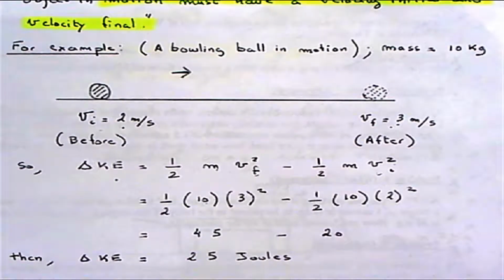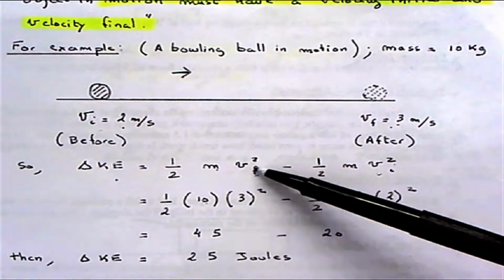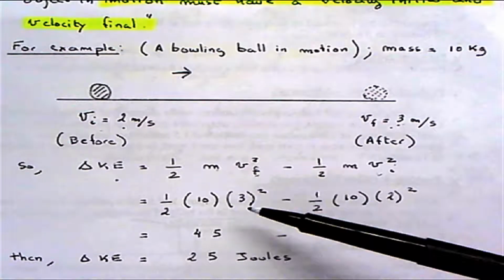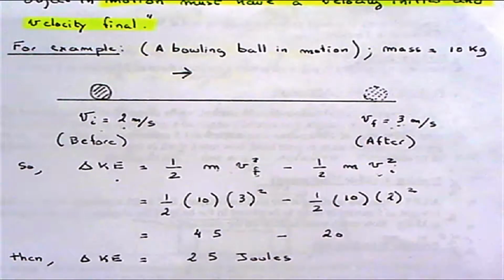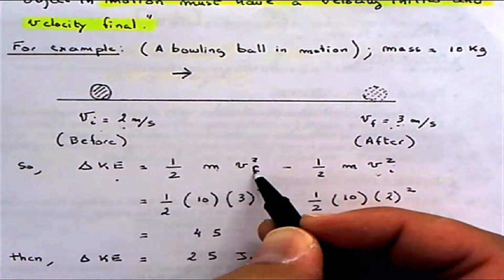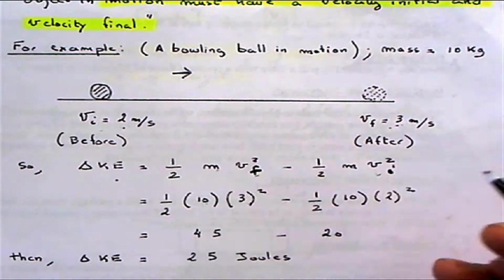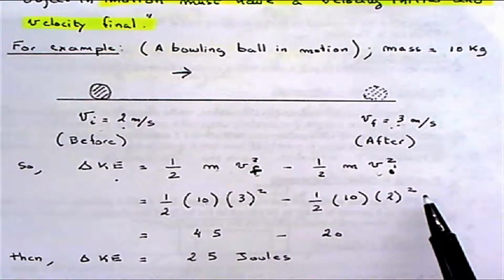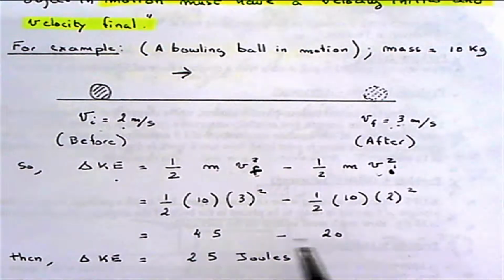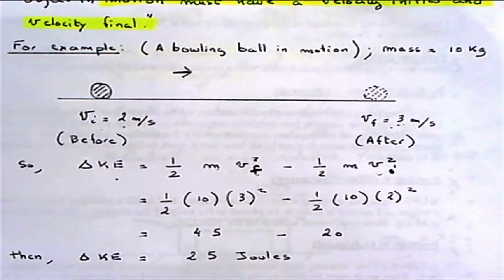What is the velocity final? It's 3. And what is the velocity initial? It's 2. You just go ahead and plug those in. So remember, final, initial. All this gives you 45. All this gives you 20. So 45 minus 20 gives you 25 joules.